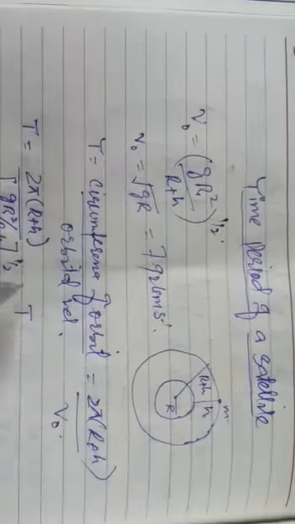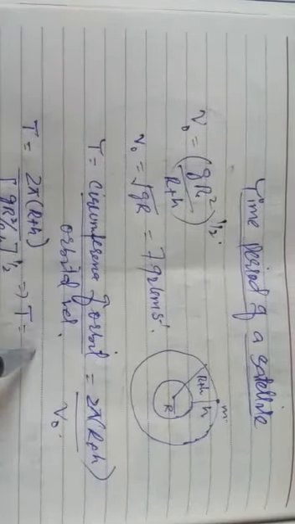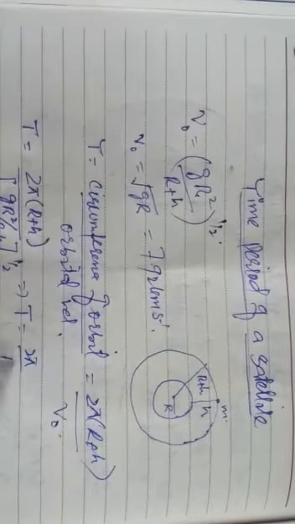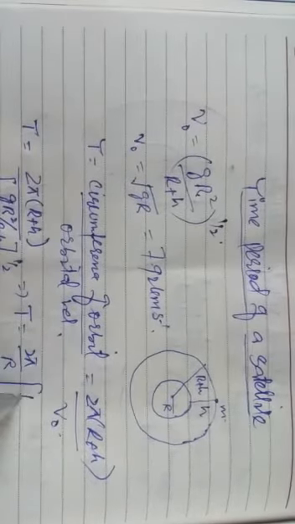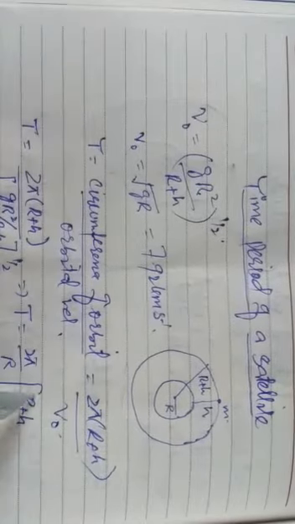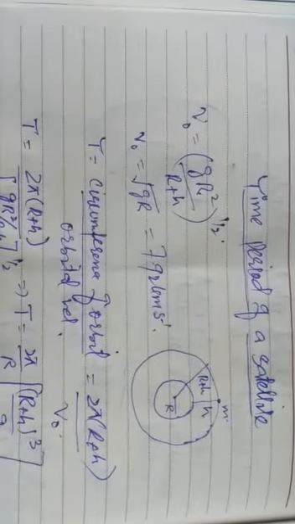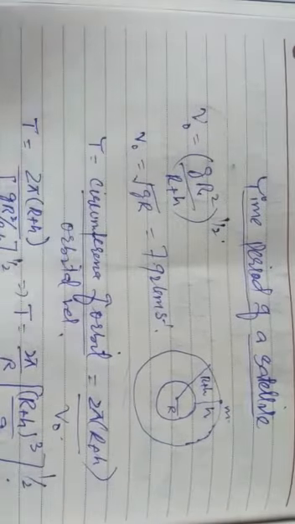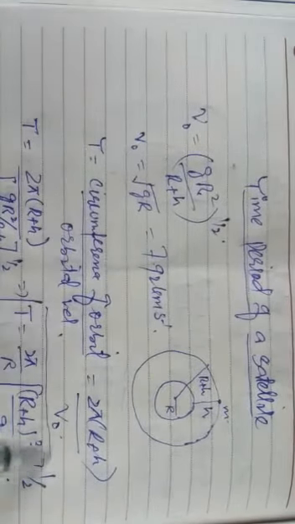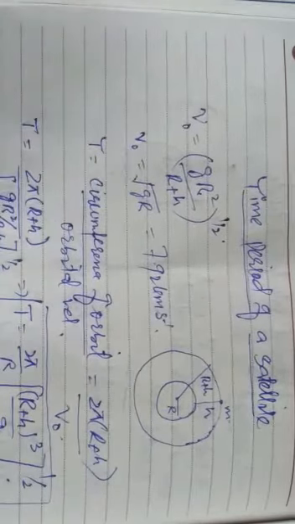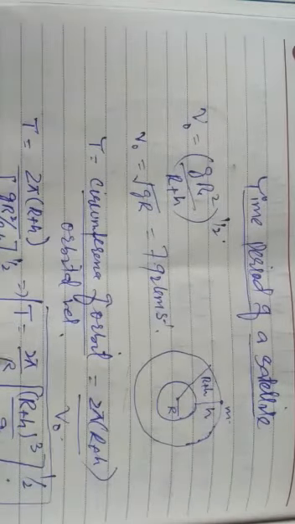If you solve it, T equals (2π/R) times ((R+h)³/g)^(1/2). This is the expression for the time period of a satellite: T = 2π/R times ((R+h)³/g)^(1/2).